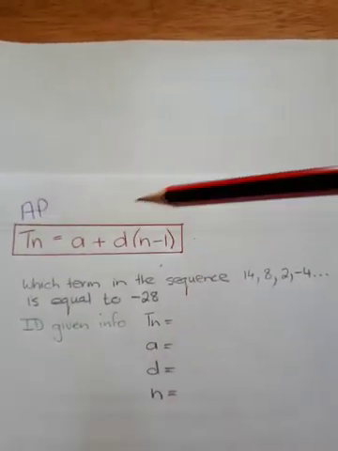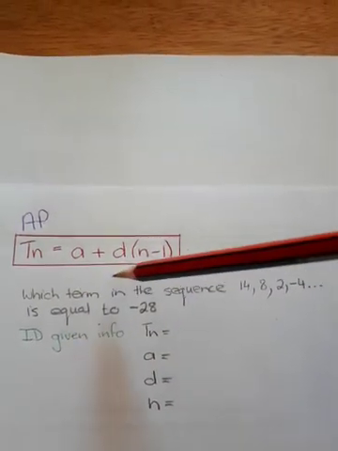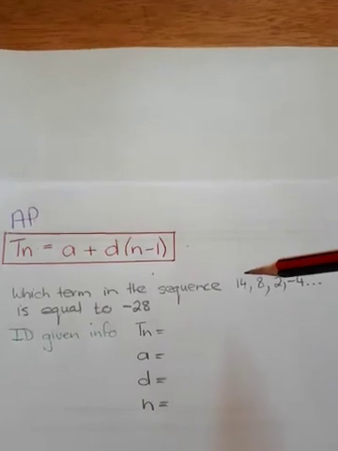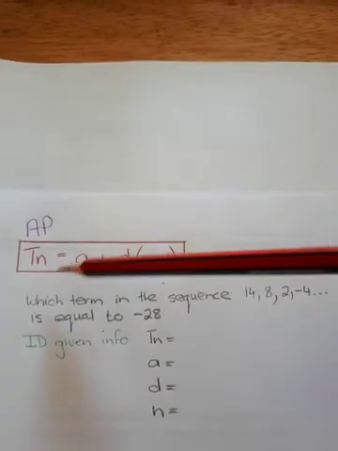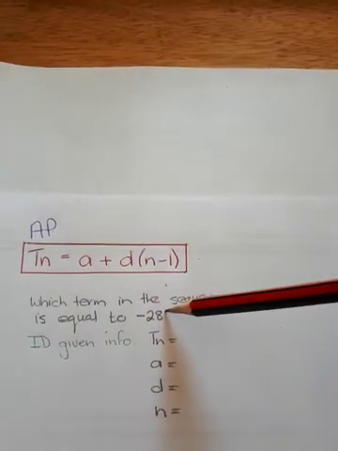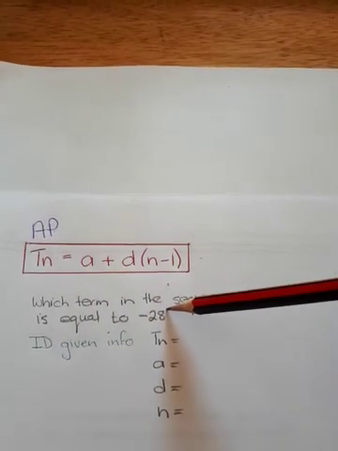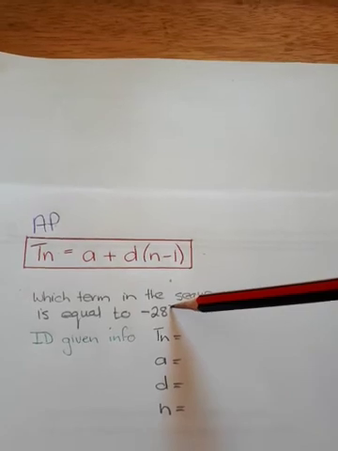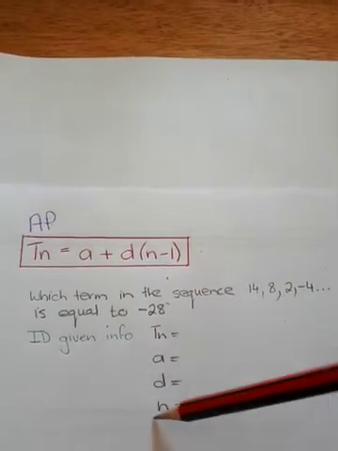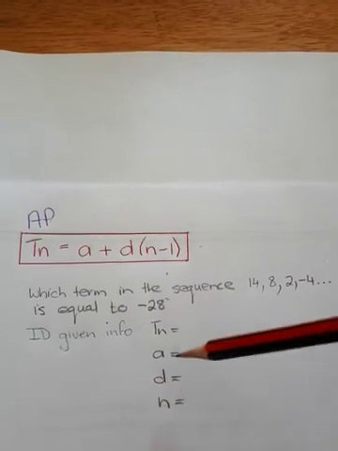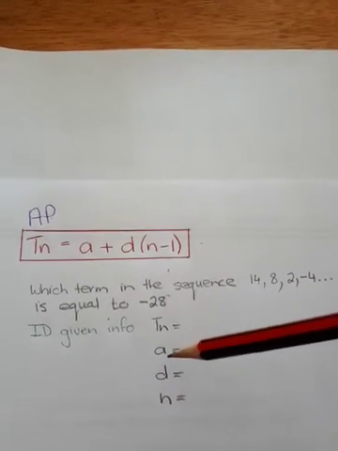Now, if we look at this example, it says, which term in the sequence 14, 8, 2, negative 4, and so forth is equal to negative 28? Right. So we will start by identifying the given information. And with that, people, you also always identify what is being asked.